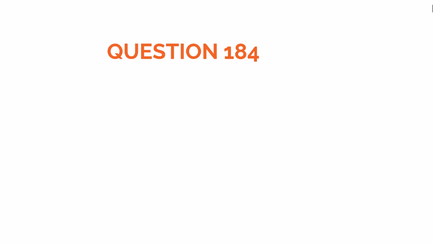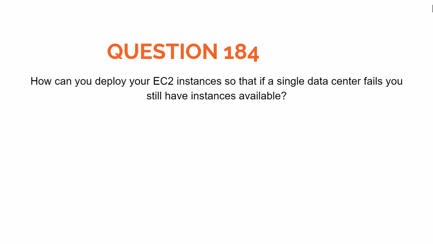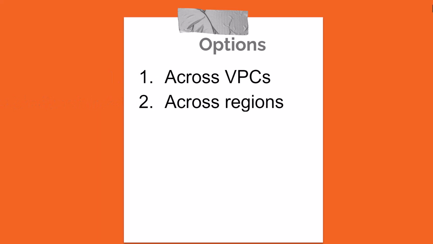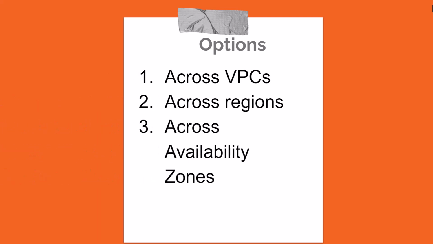Next question. How can you deploy your EC2 instances so that if a single data center fails you still have instances available? Now the options are: option 1, across VPCs; option 2, across regions; option 3, across availability zones; option 4, across subnets.